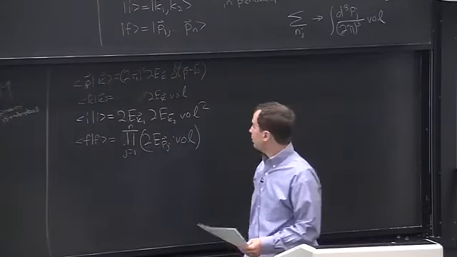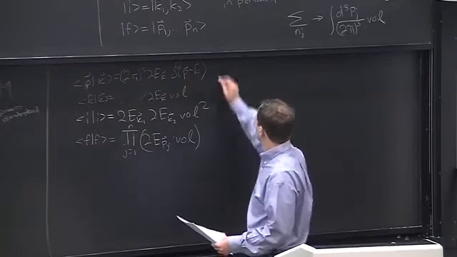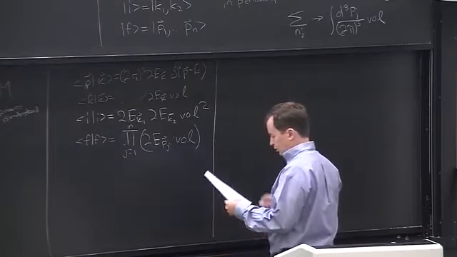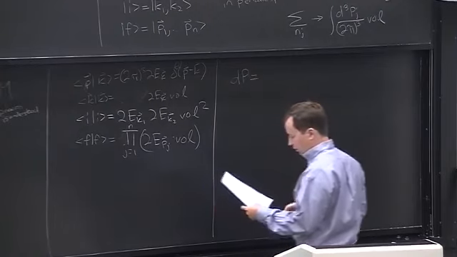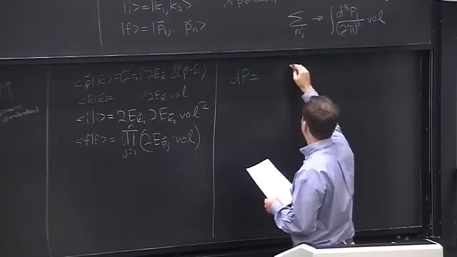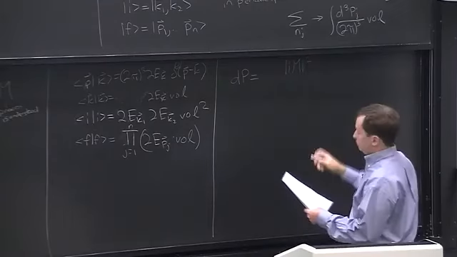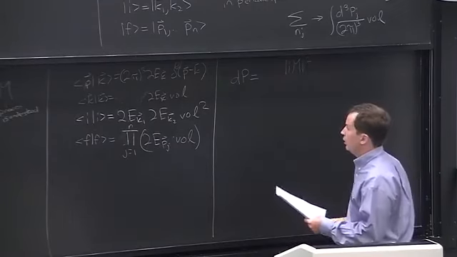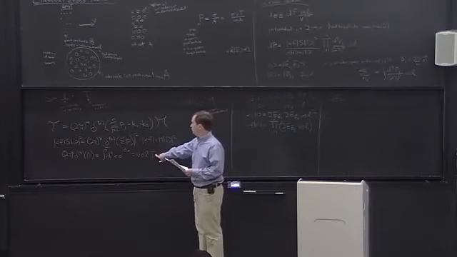Okay. So let's combine what we have so far. So far we have dp. Let's collect some of our factors. So we've got an M squared. We have a factor of T in the numerator.